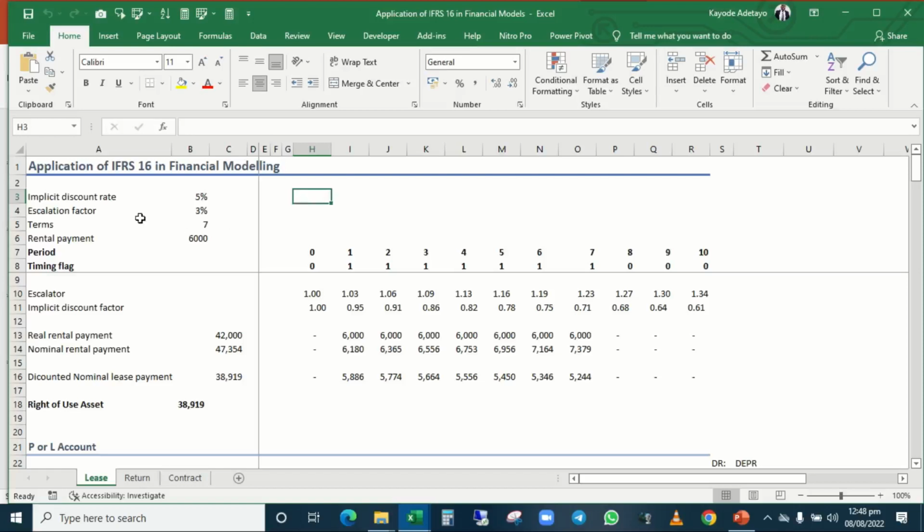But the value of the asset is depreciated over the lower of the lease term or the asset useful life. Where you do not have the asset useful life, you make do with the lease period.